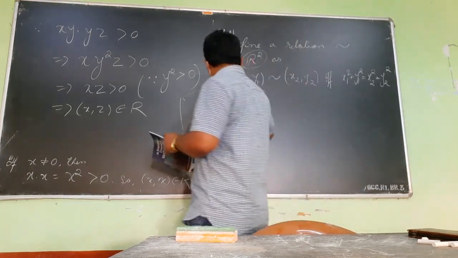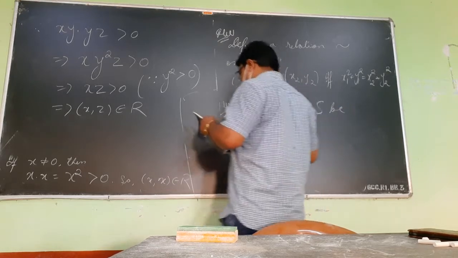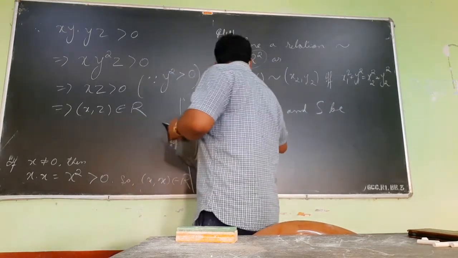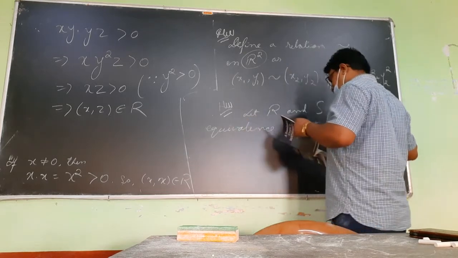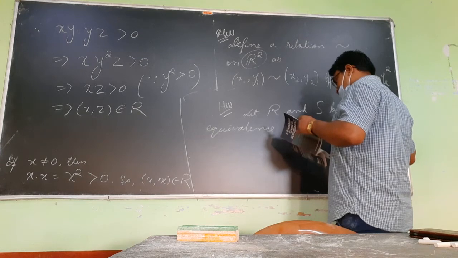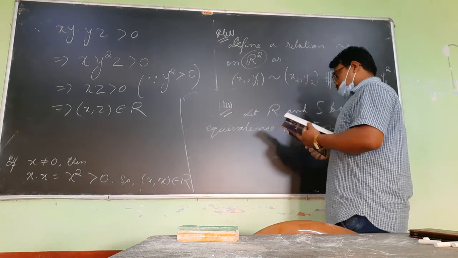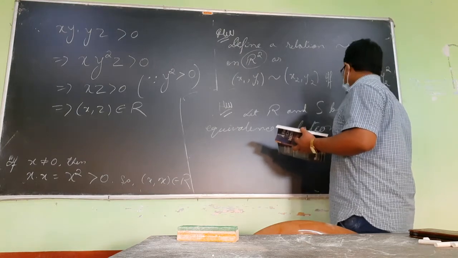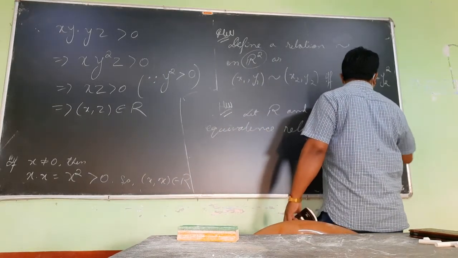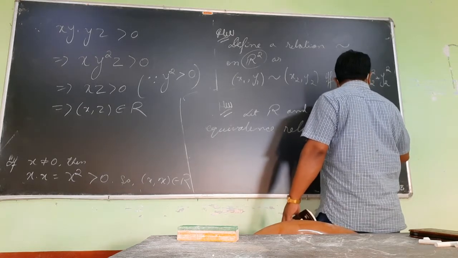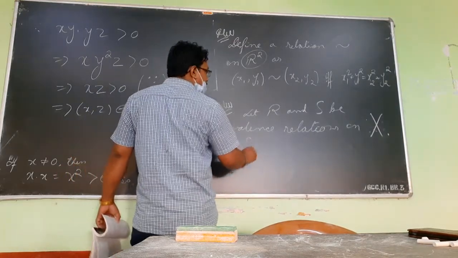Another thing you can try to think about: let R and S be equivalence relations on a set X. Is R union S an equivalence relation?